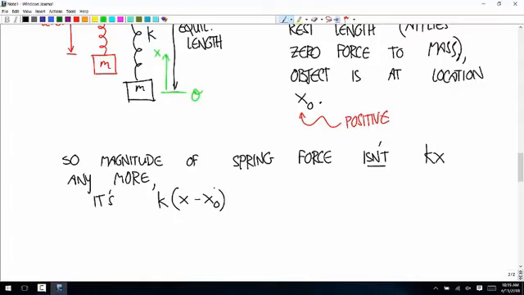And we have to deal with the signs. That's not really always a magnitude necessarily, but the absolute value of that is the magnitude, and we have to think about the directions.